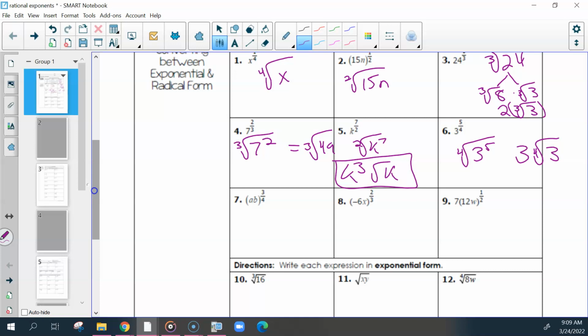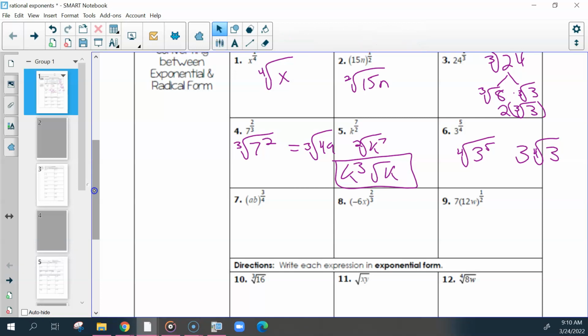Say that again. So if I put this, I'm going to type this in the calculator.